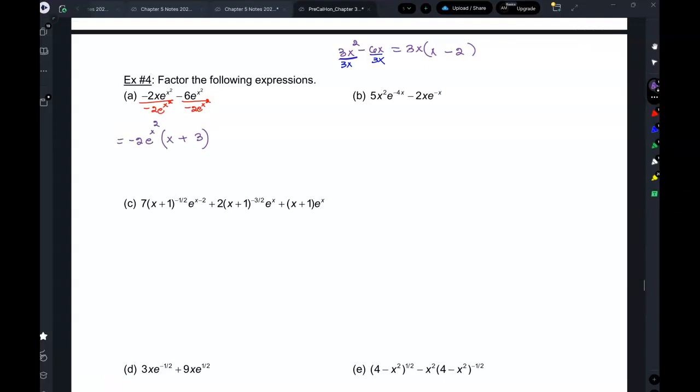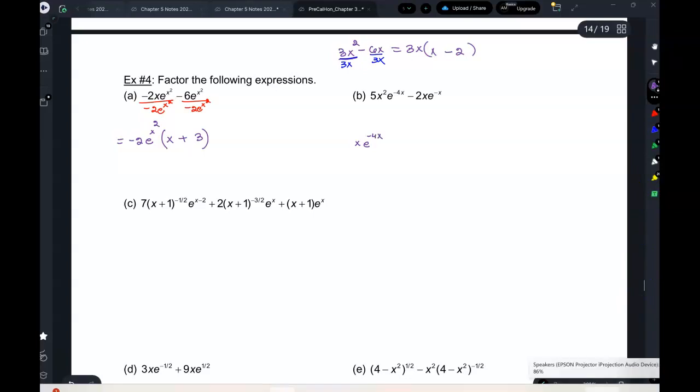Here, I'm going to factor out an x, but also e to the negative 4x. Okay, so look, I have e to the negative x, e to the negative 4x. I need to factor out the smaller number, right? Yeah, e to the negative.